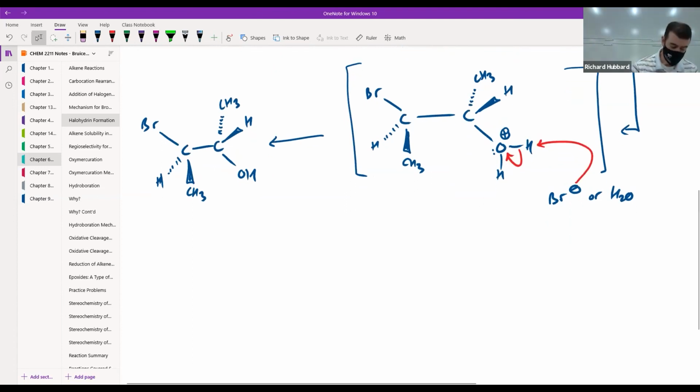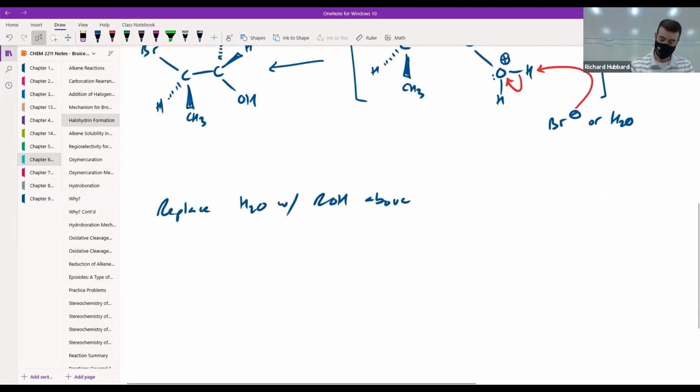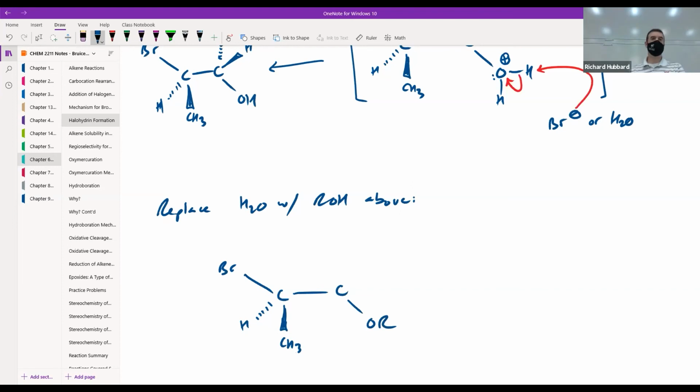Now, replace H2O with ROH above. What we get as a result of this, the mechanism would be the same, right? Now we've got OR instead of OH, just like we did with the modification of our hydration reaction.